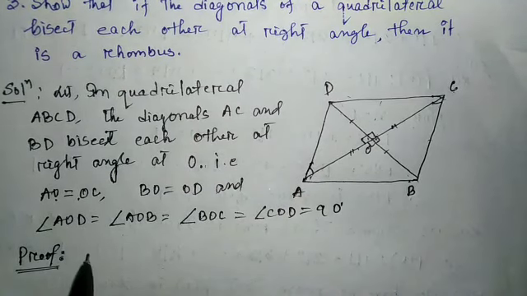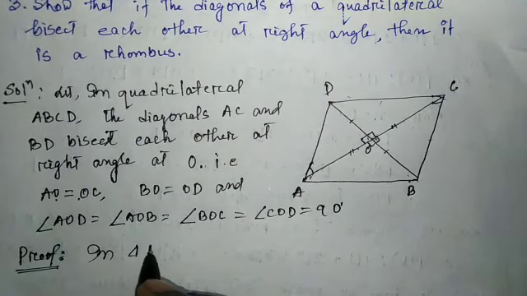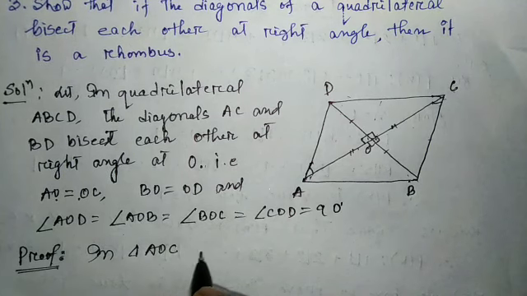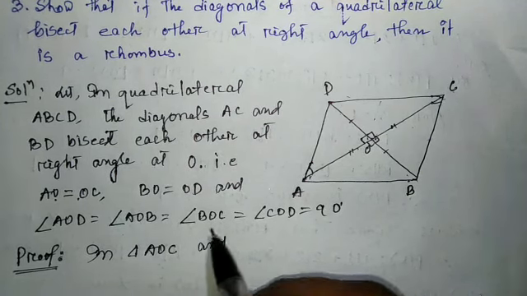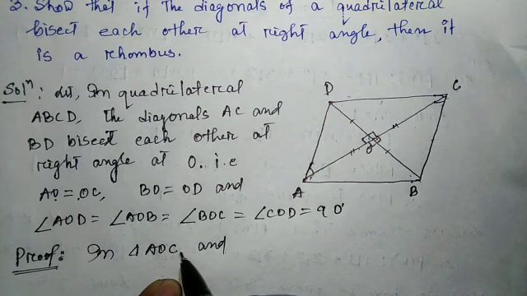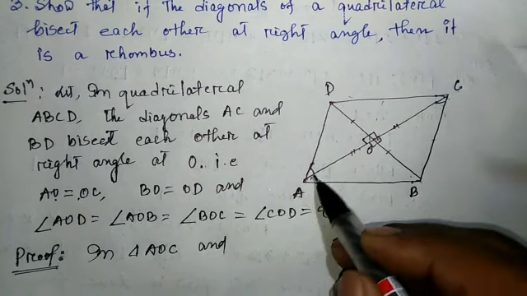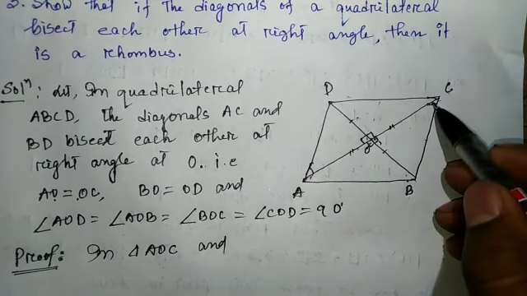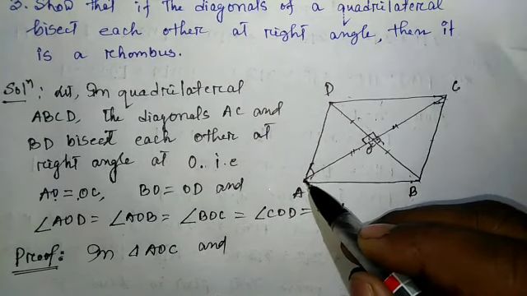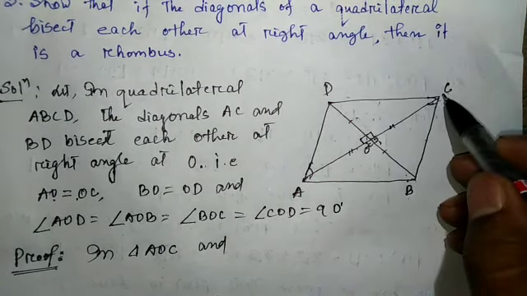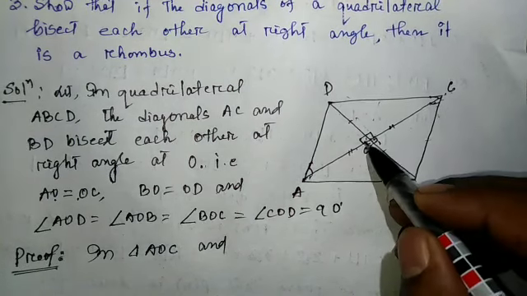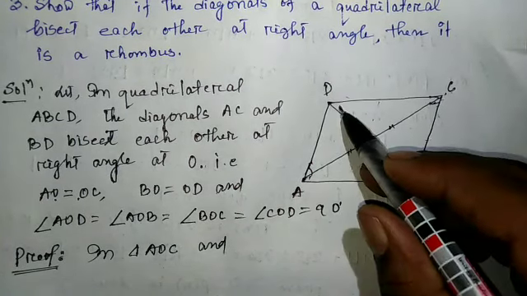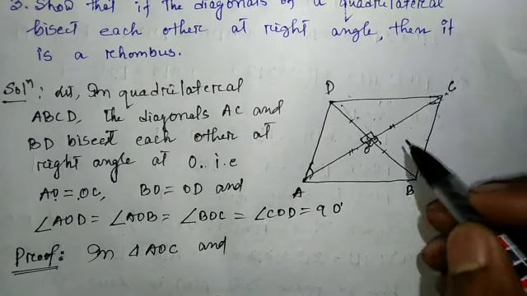What to prove? In triangle AOD, and now see, since we have taken triangle AOD, order is mandatory here. AO is equal to OC. We are taking AO from this vertex, so we have to take CO from this vertex. If we take AOD, then we have to take COB. Why?